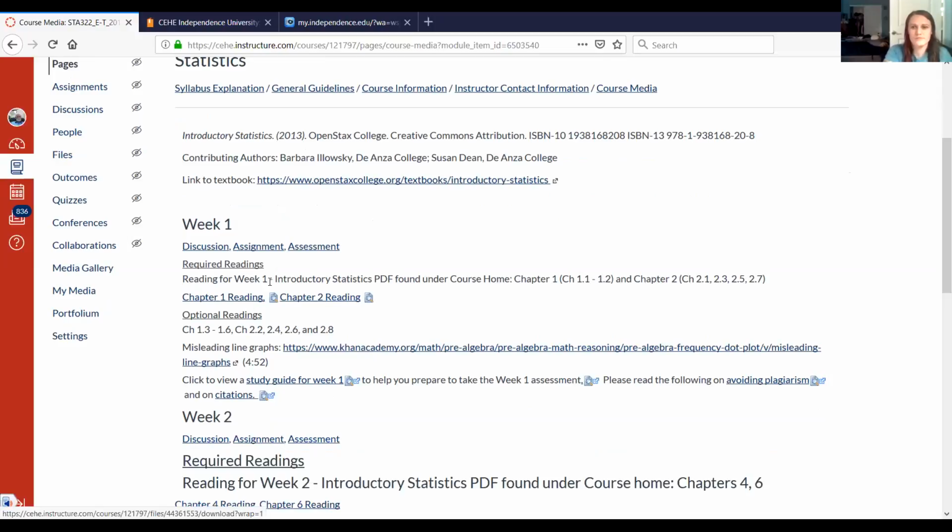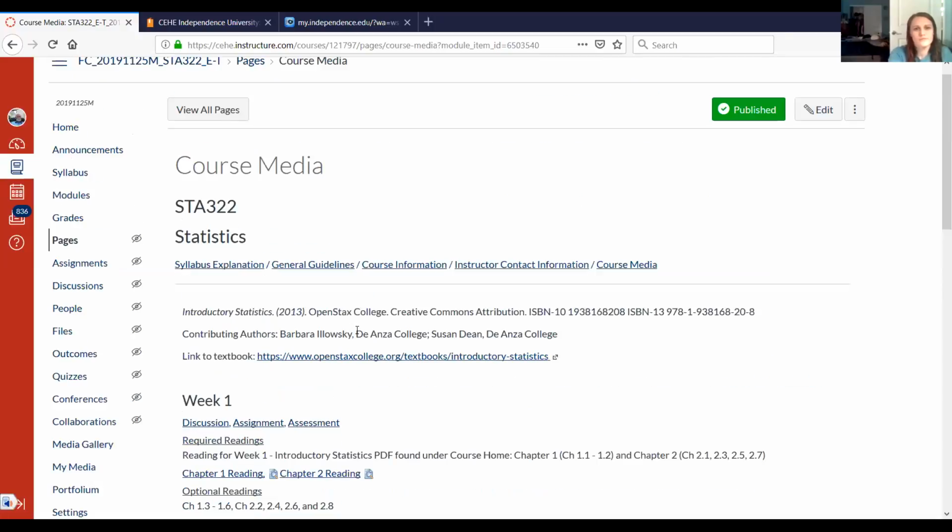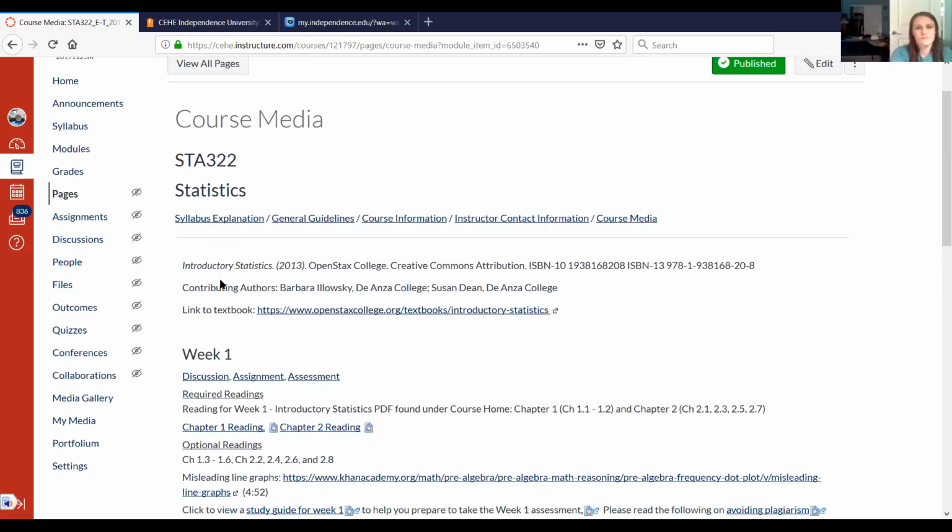And then we have some other readings that we can make use of, which are the optional readings here, chapter 1, sections 1.3 to 1.6, etc. Those are out of the alternative book, the ebook that we have instead of the Introductory Statistics PDF.